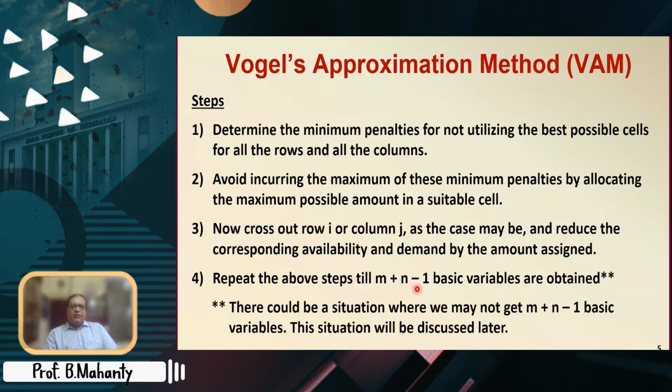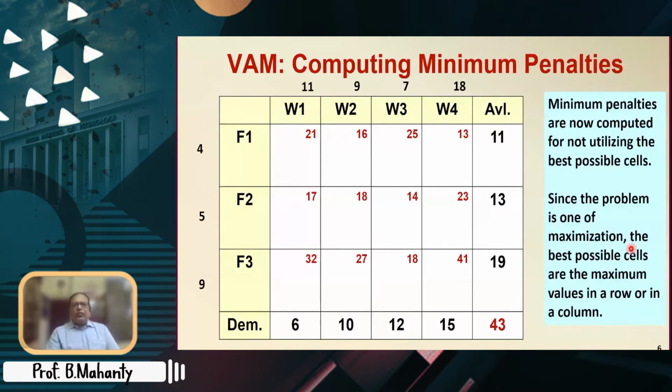Repeat the step till m plus n minus 1 basic variables are obtained. So basically Vogel's method is to find a good initial solution. So that's what Vogel's method does, right? So let us calculate the minimum penalties for this particular problem.